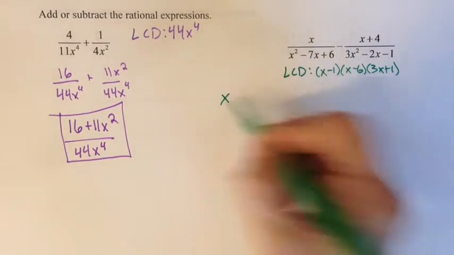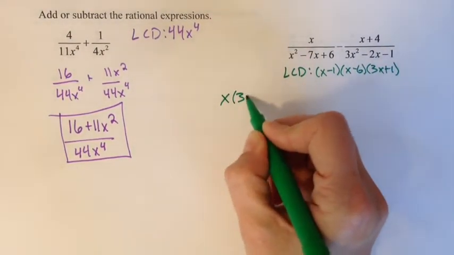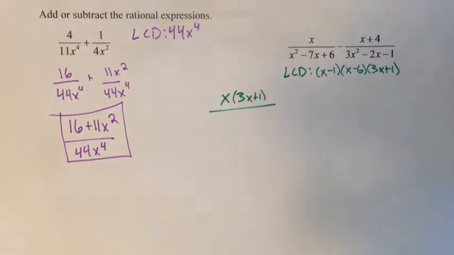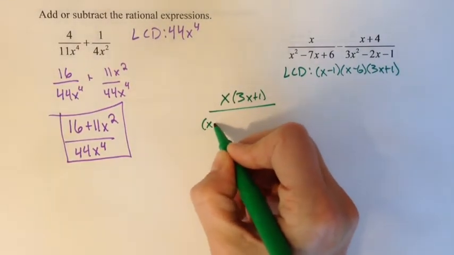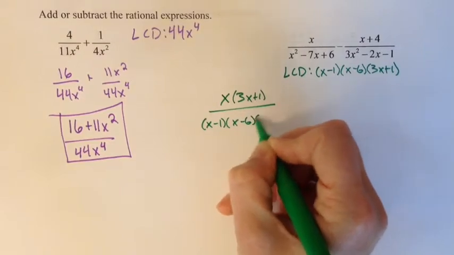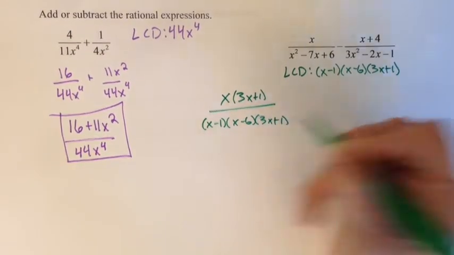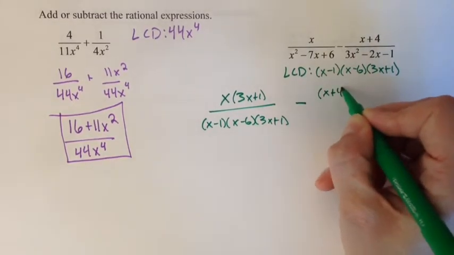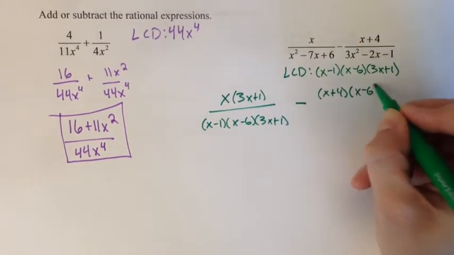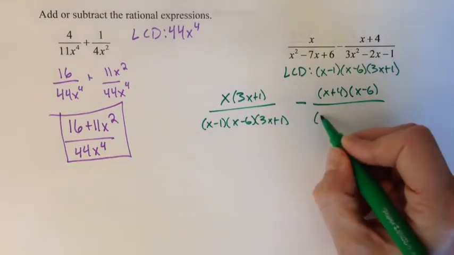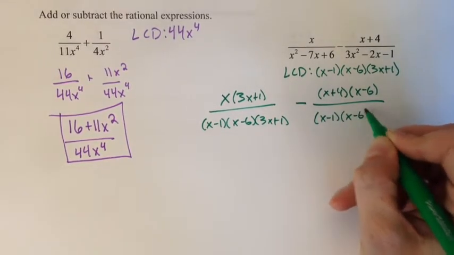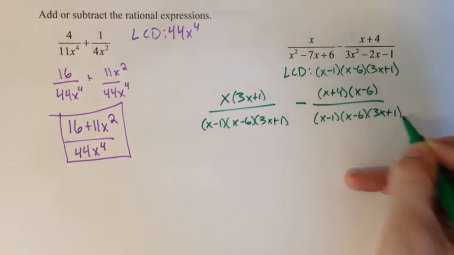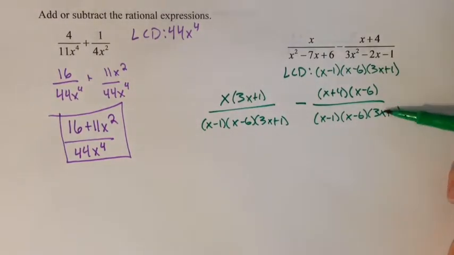This fraction is the same as x multiplied by (3x plus 1) all over my least common denominator, (x minus 1)(x minus 6)(3x plus 1). And then I'm subtracting (x plus 4) multiplied by (x minus 6) all over (x minus 1)(x minus 6)(3x plus 1). And again, remember, we found this earlier.